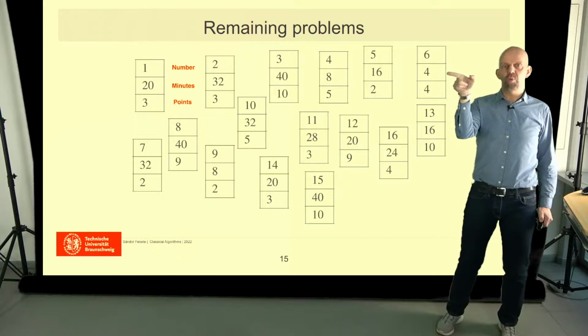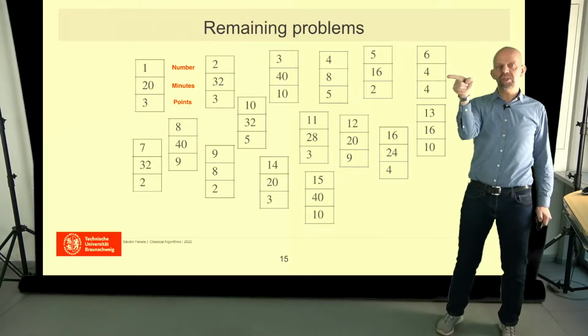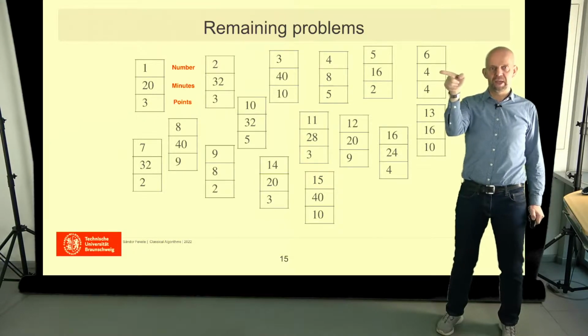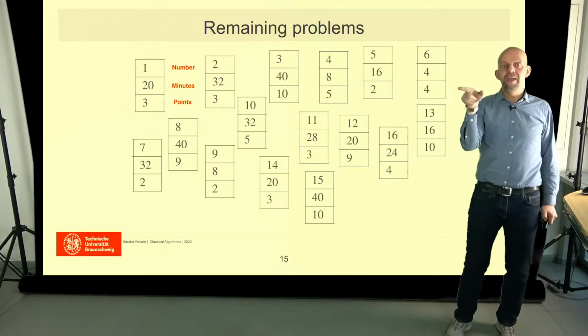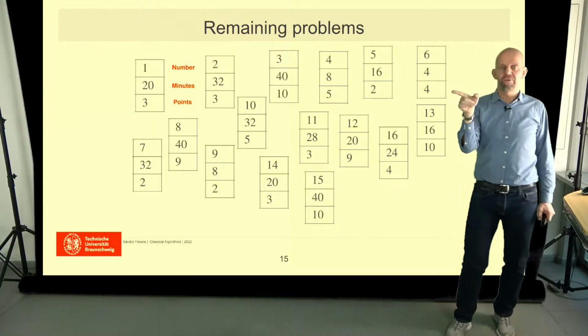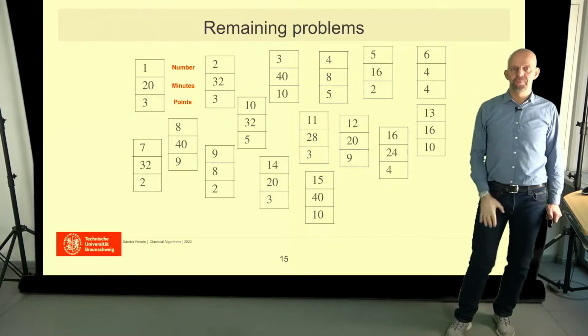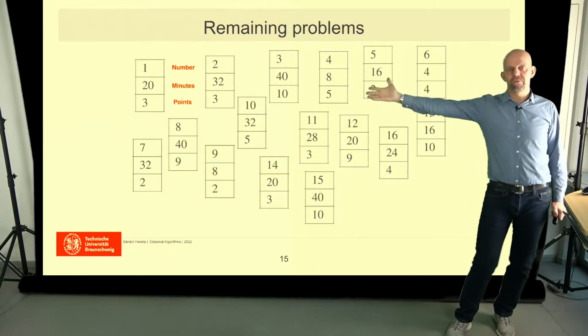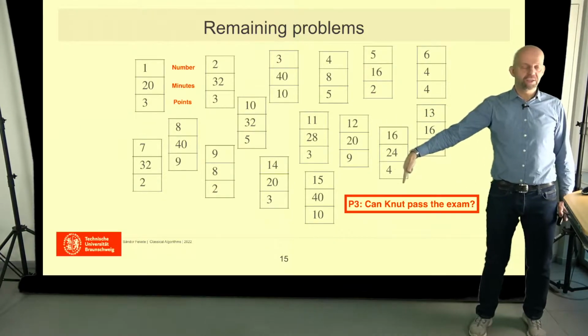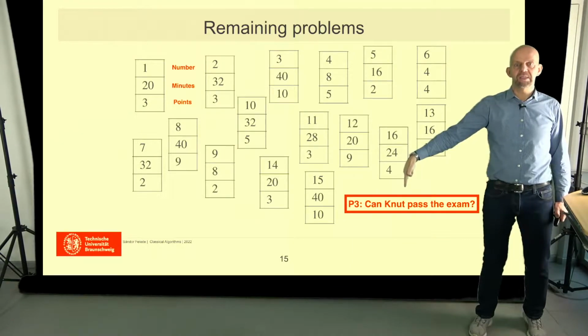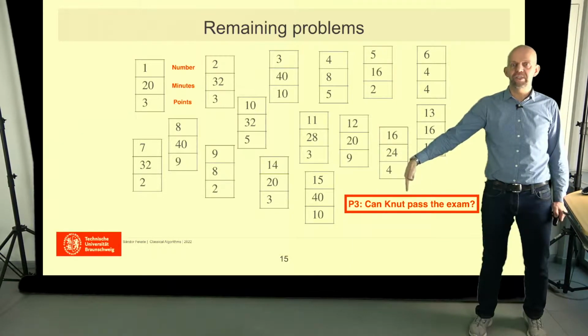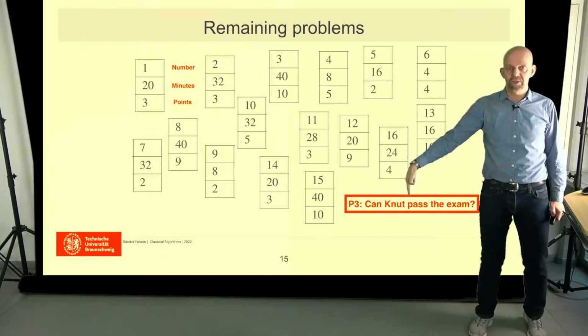So you want at most 120 in the second entries of the ones that you pick, and you want at least 44 in the third. Now, for this instance here, the question is, can he pass that exam? Is there a subset which gives you 44 points in not more than 120 minutes?